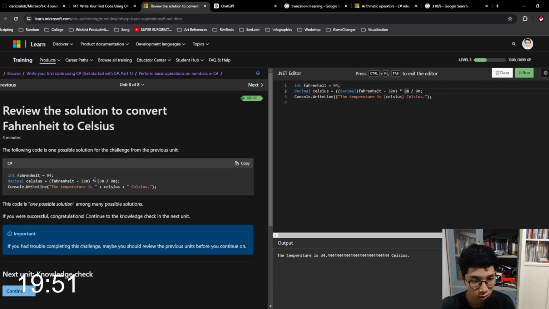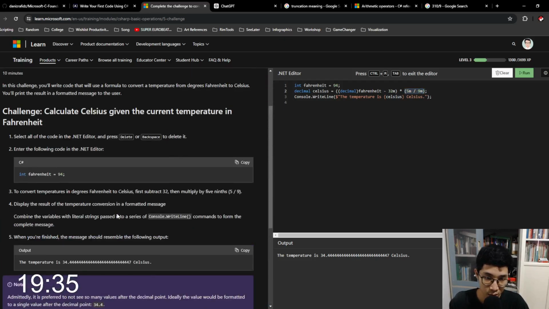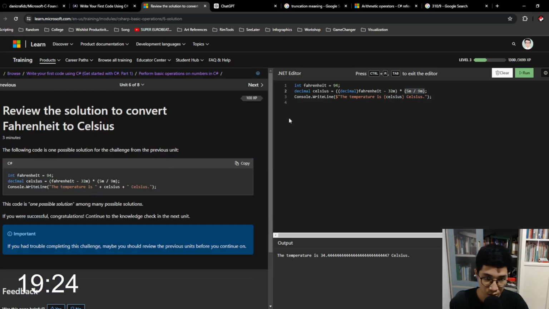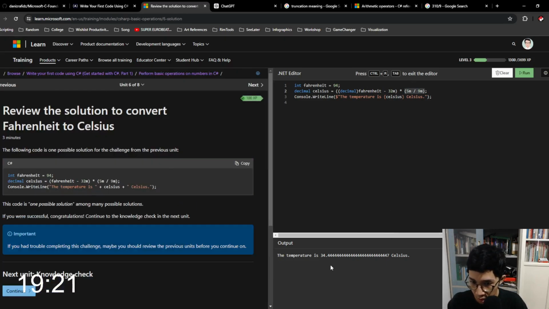Oh, I see. So if it has a fraction, you have to do it like this first, I think. Yeah, I am a bit wrong here, because I forgot the parenthesis here. As it said in the previous challenge, this one multiplies by 5, it has parentheses here and I forgot to put the parentheses, but that's almost right.